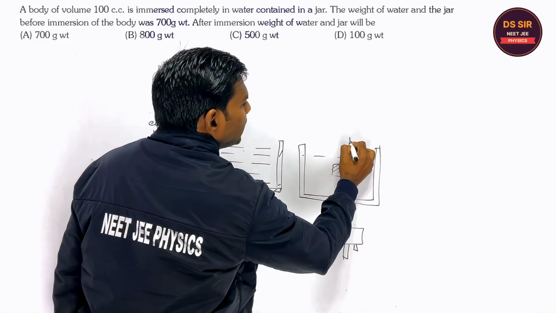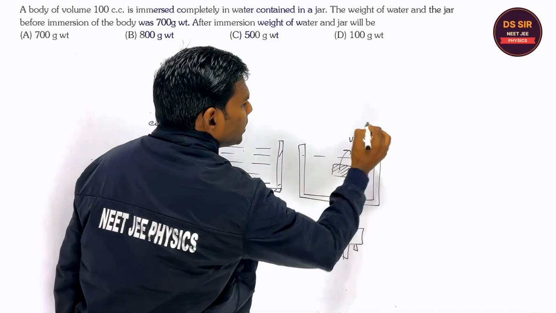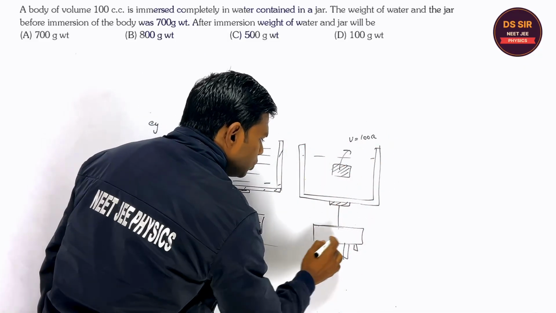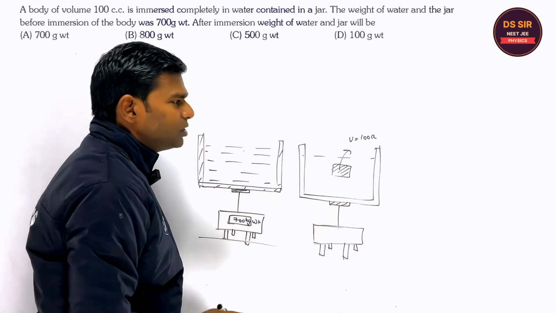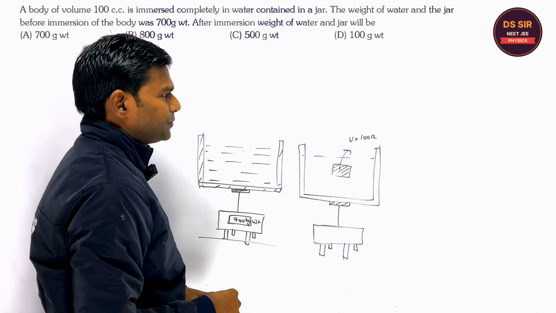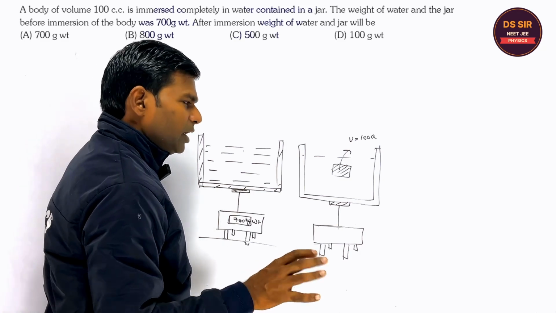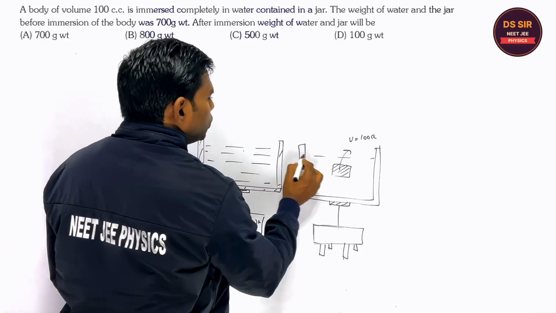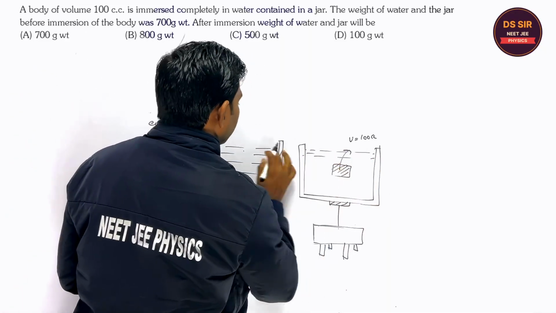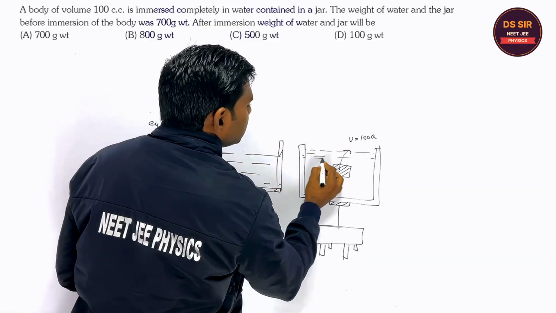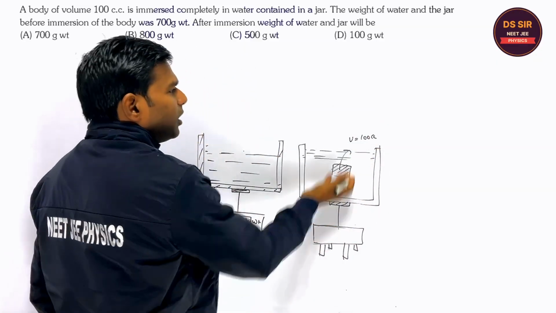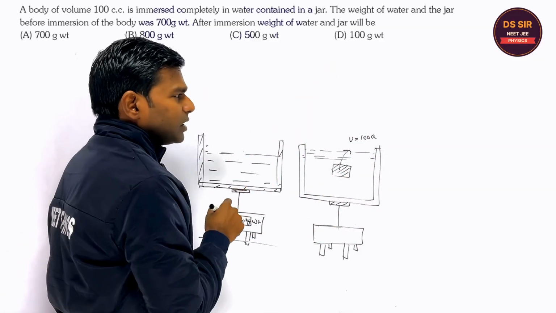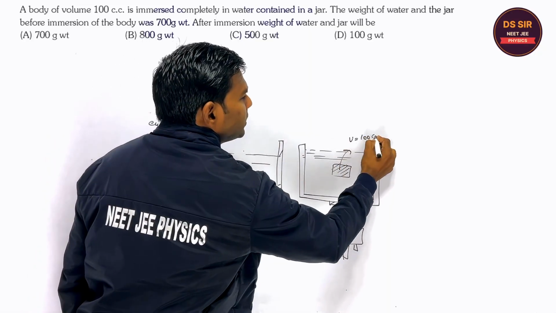Its volume is given as 100 cc, right? So I ask you one question: will the reading increase or decrease? You tell. It will increase. By what amount will it increase? Listen to one thing: when you dip the body, the initial level is this, and the 100 cc volume will rise up.